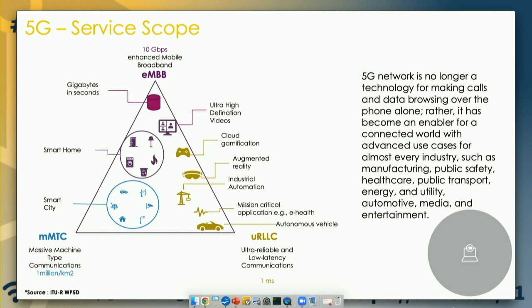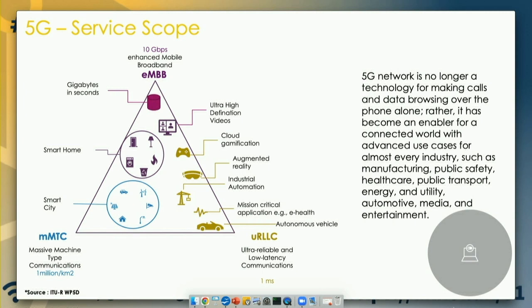This is for mission critical services where latency is not desirable, such as e-healthcare, autonomous vehicles, industrial automation, cloud gamification. Just imagine, any latency in any of these mission critical services will lead to disaster. Even if we talk about cloud gamification, any lag or latency will not give us a good experience.